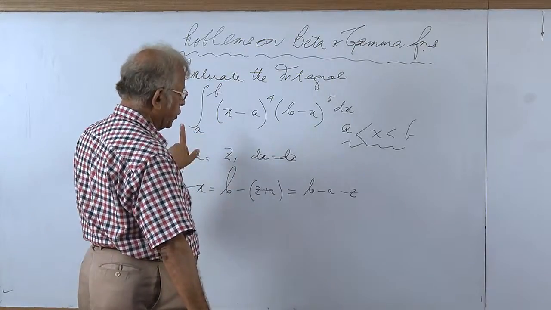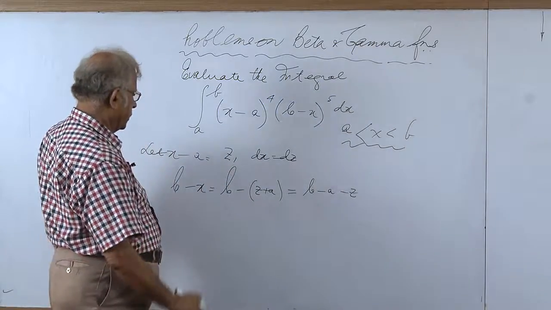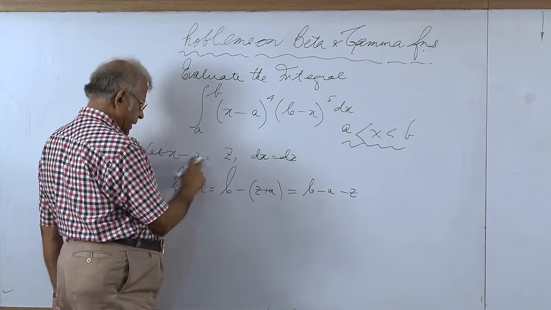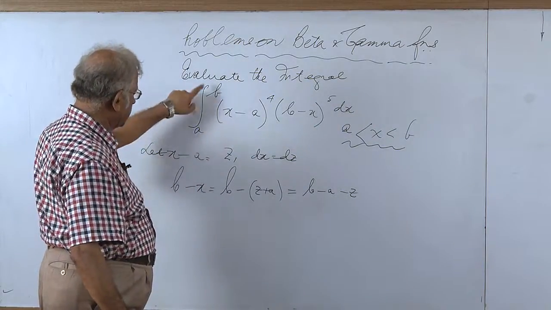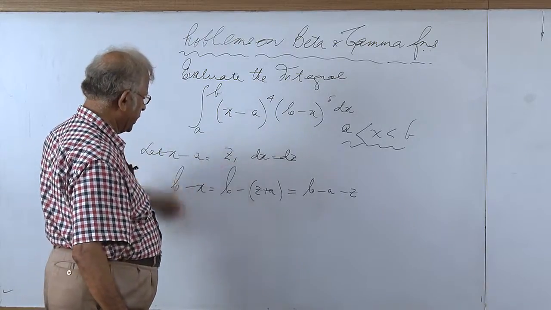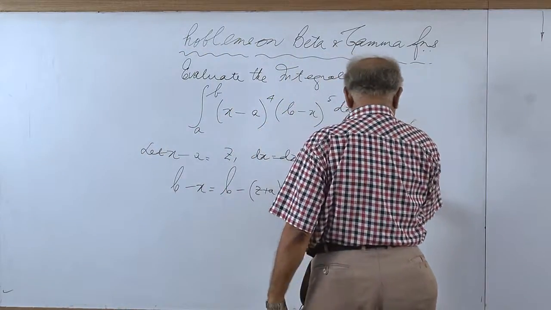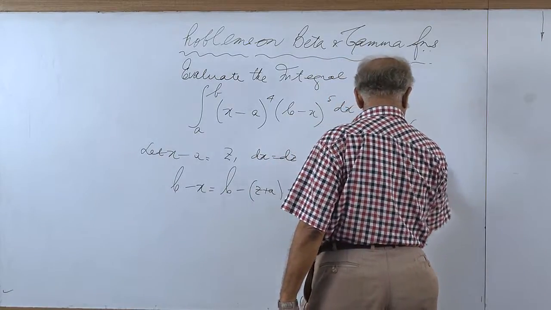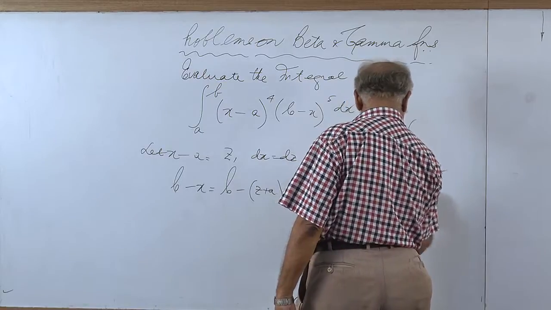The limits will of course change. Now x minus a is z. In other words, when we substitute the lower value for x as a, z is 0, and when we substitute the upper value for x, it is b minus a. So the limits change to, z upper is b minus a and z lower is 0.